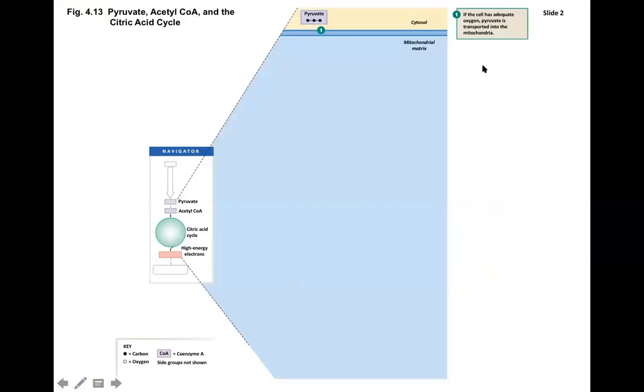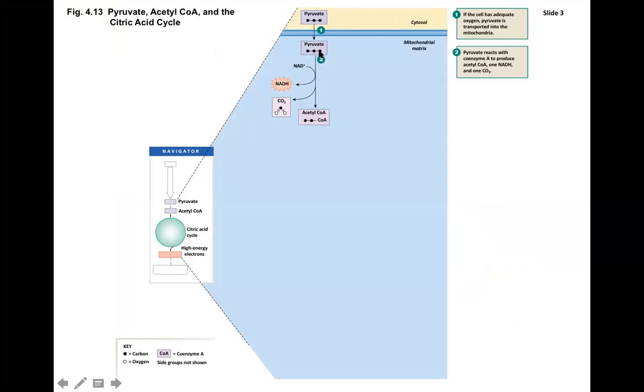Okay, so the citric acid cycle consists of a whole bunch of reactions. So if there is enough oxygen, then pyruvate is transported into the mitochondria. And once it's transported into the mitochondria, this pyruvate, so it's symbolized by these three black dots, each one of these is a carbon atom.